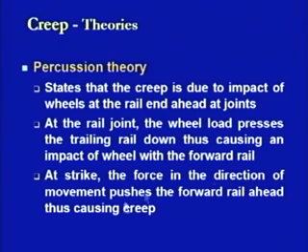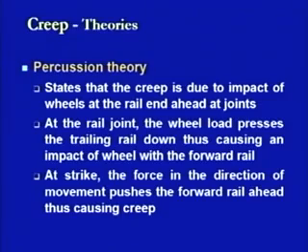As soon as there is a force coming at the end of the rail section in the forward direction, and we resolve this force into a horizontal component and a vertical component, then the horizontal component will induce the creep, whereas the vertical component will depress that rail end section in the downward direction.